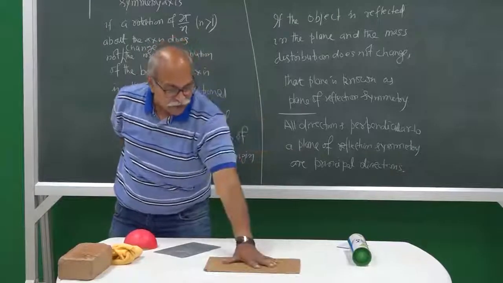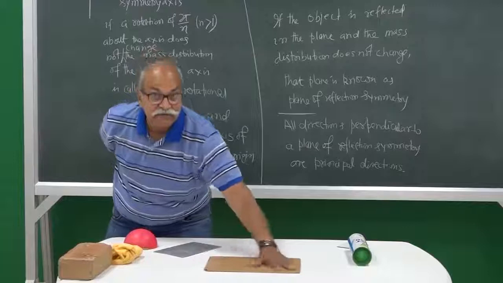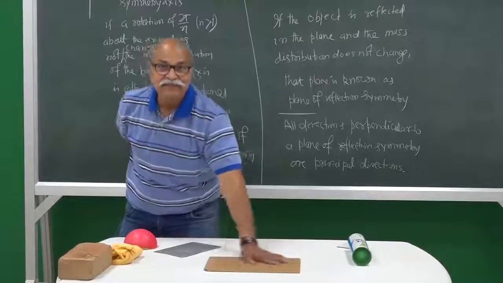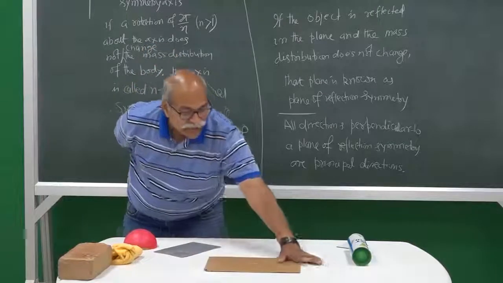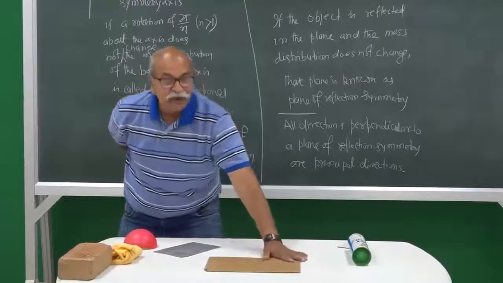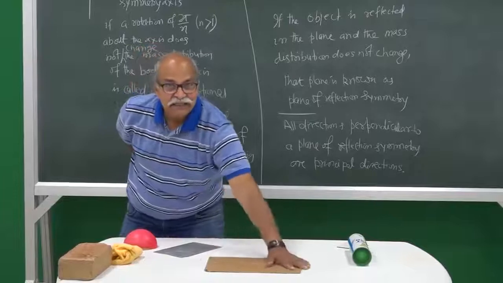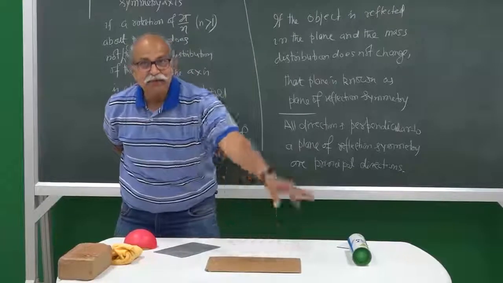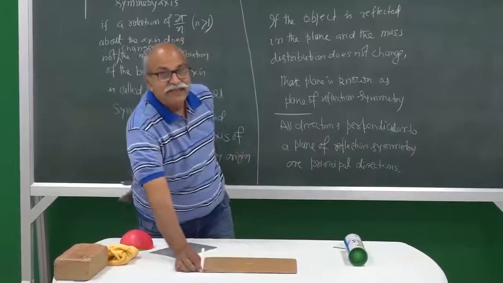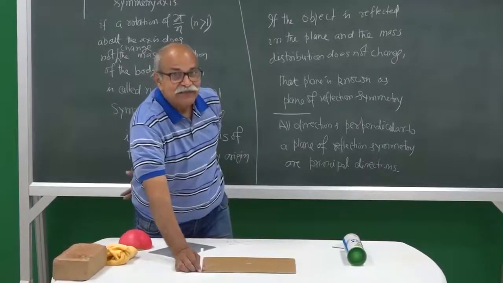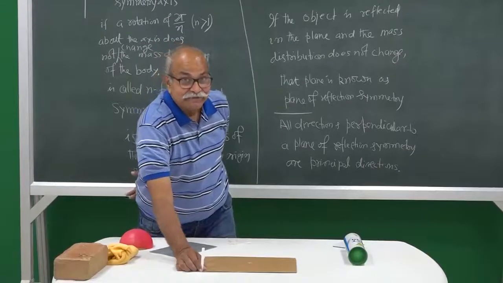If I reflect this object in this plane, what happens? Nothing happens, everything remains at its own position. So this plane itself can be called plane of reflection symmetry. So all directions which are perpendicular to this are principal directions, and that is why this z axis is a principal axis.